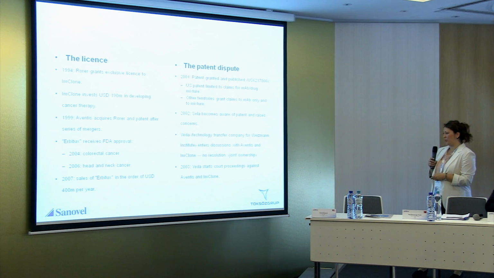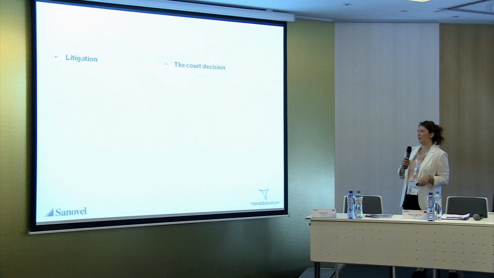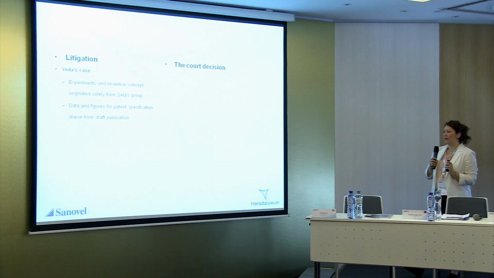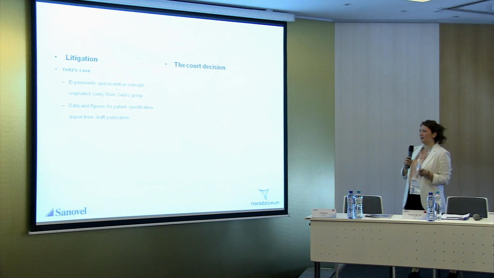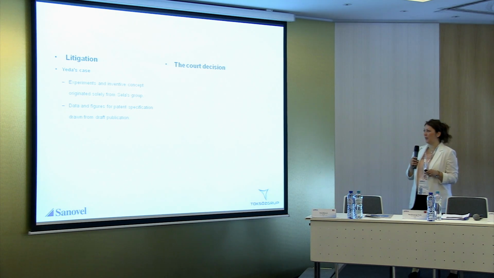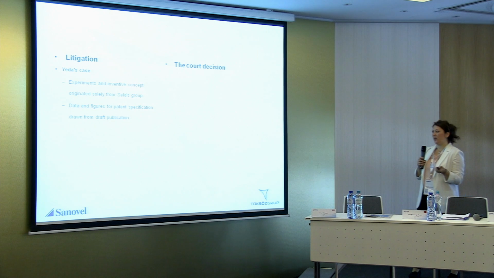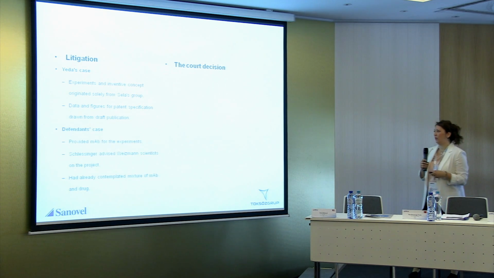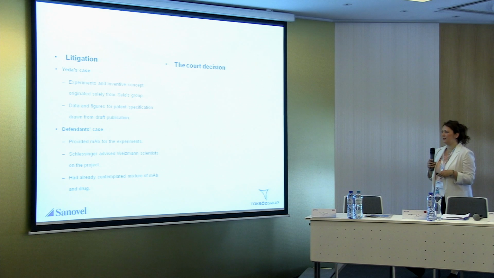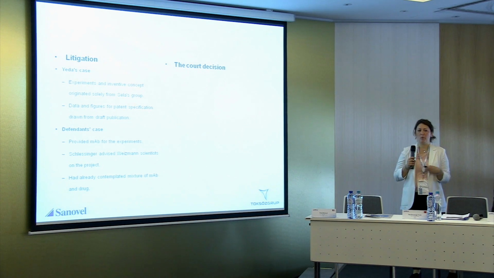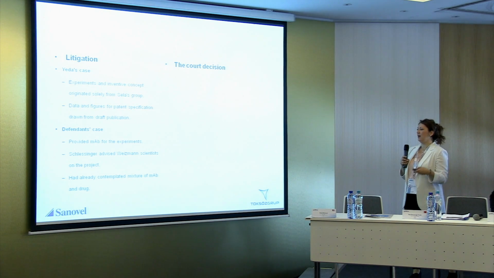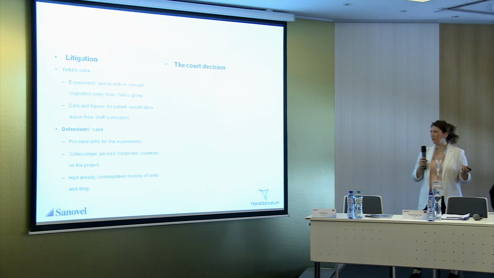And Yeda starts court proceedings, the litigation part and the court decision. So Yeda's case is that the experiments and inventive concepts originated from Sela, and all the specification and draft publications came from that. And the defendant's case is that no, we provided the MAB for the experiments, we had all the projects.